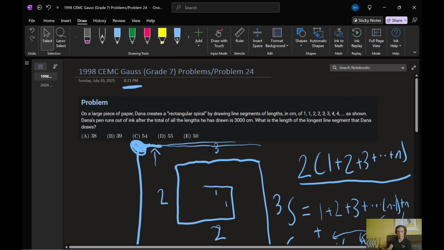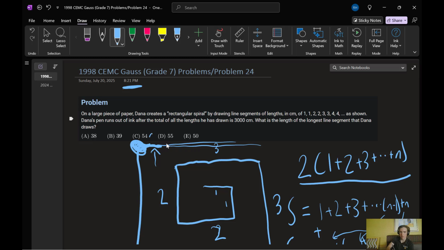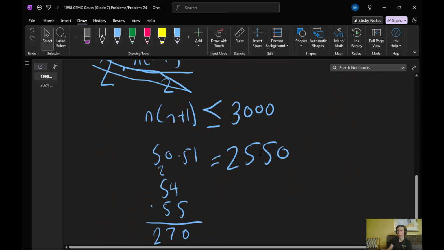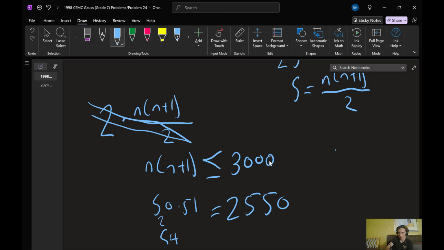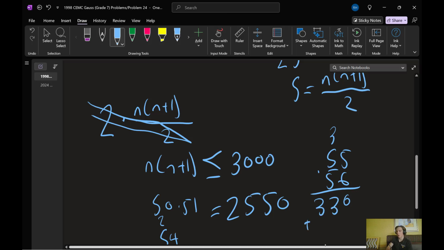So that is just close to the cutoff point, and let's see if there's a bigger number that works. So I guess the next logical number would be 55. So 54 is a possible answer right now. 50 definitely doesn't work. 39 doesn't work. 38 doesn't work. And 55 will likely not work. Let's see if it works. 55 times 56: 6 times 5 is 30, plus 3 is 330, plus 5 times 5 is 25, and then 5 times 5 again is 25, and this ends with 27.